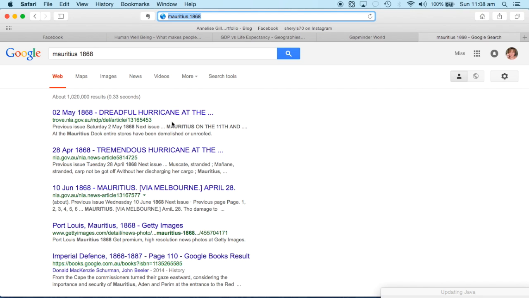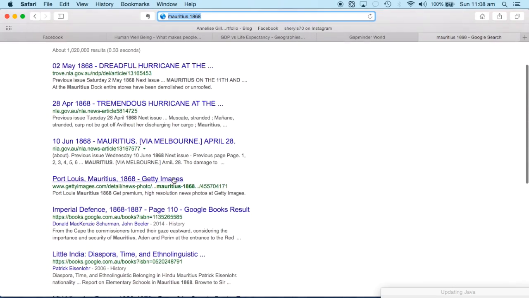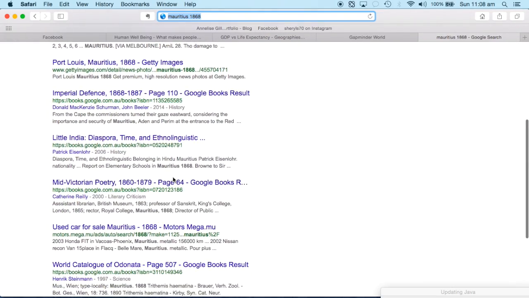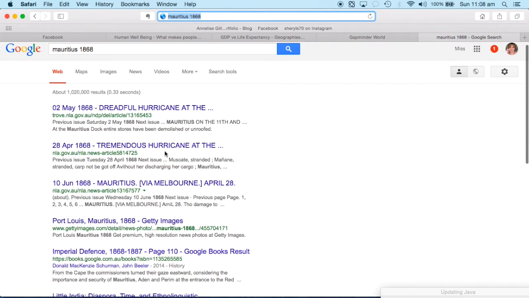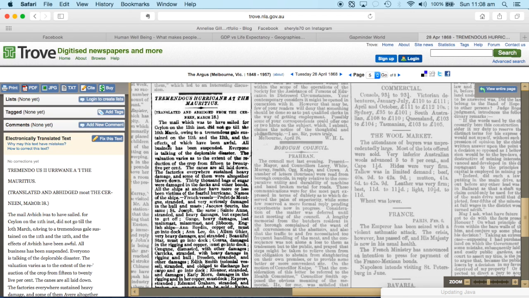Okay. Once again, we have our National Library site here. We have a hurricane. And that sounds like a pretty good reason for a drop in the life expectancy.